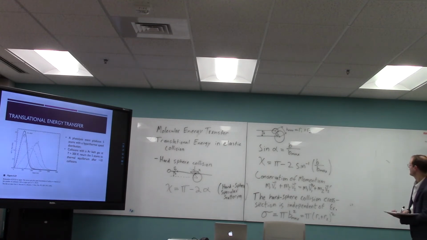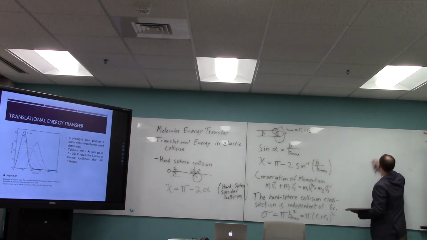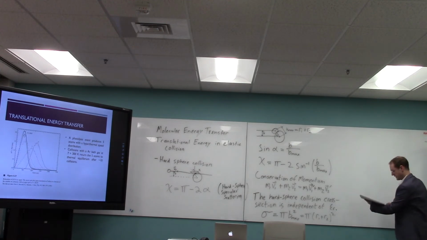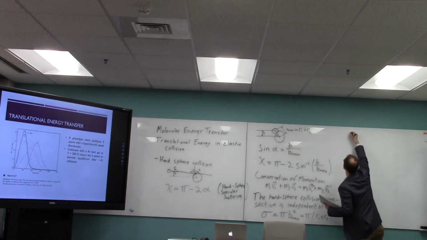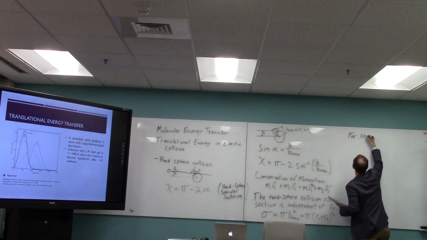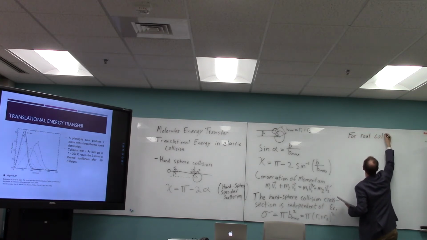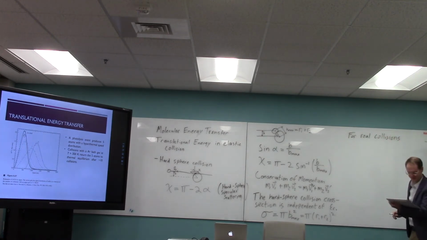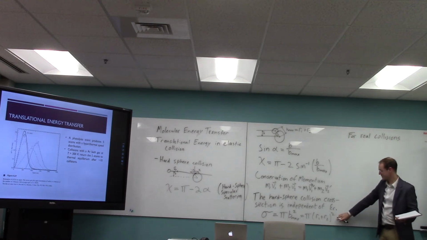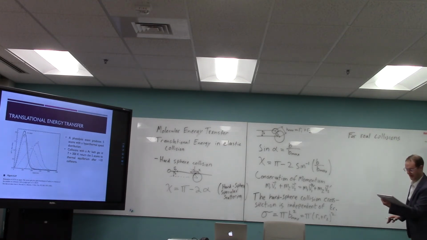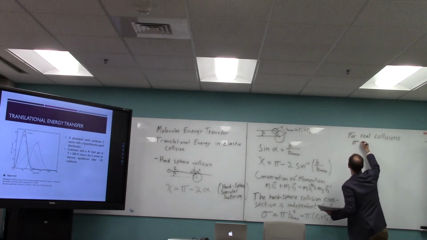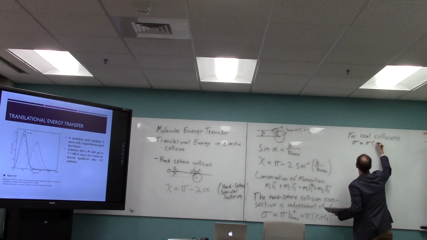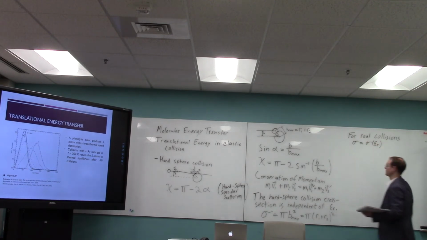Okay? But if you want to go to a real collision system between actual atoms that are not actually hard spheres, then of course this condition doesn't quite hold, and the cross-section is actually a function of energy. So the cross-section sigma equals sigma of the relative energy.